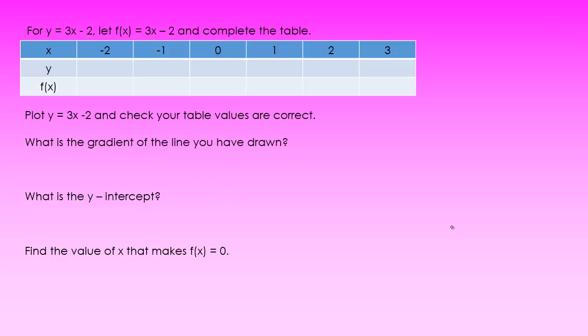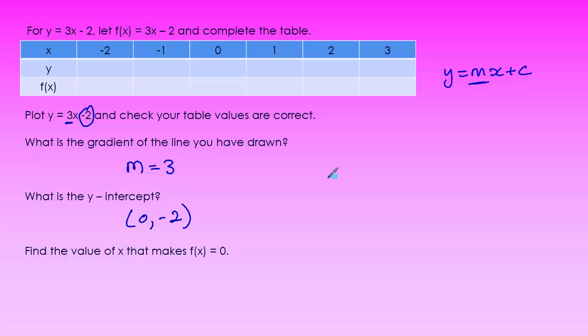But of course we know that because when we have y equals mx plus c, the m is the gradient. So the gradient is 3. The y-intercept, we pointed that out a couple of times, was at 0, negative 2. And again, we can always read that off from here.